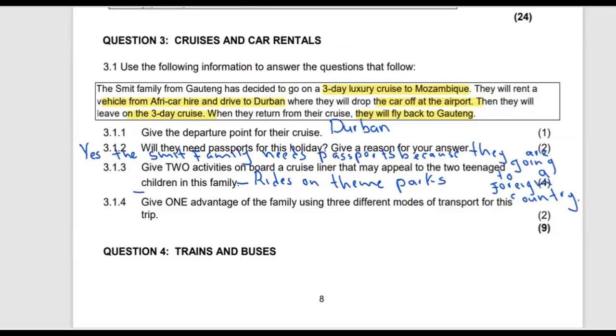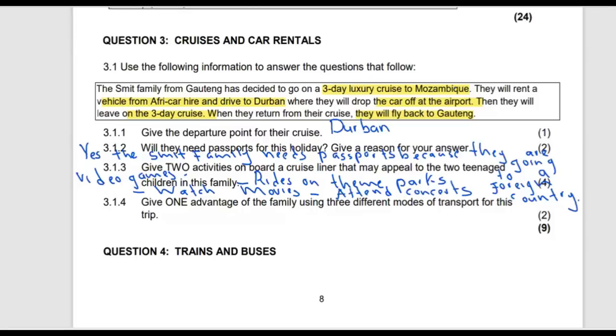They can also watch movies on the cruise ship, attend concerts, play video games, etc. So all those are various activities which can be embarked on whilst on board.